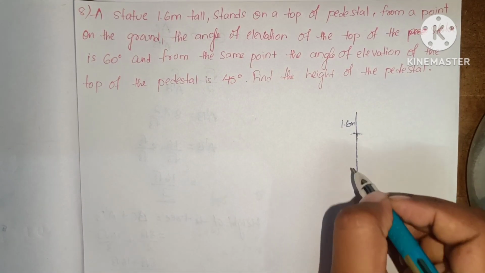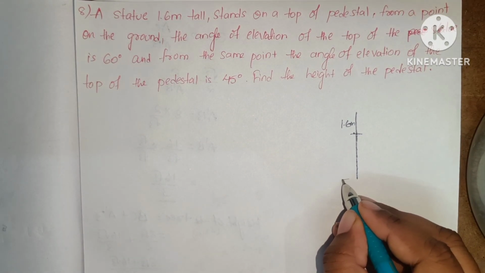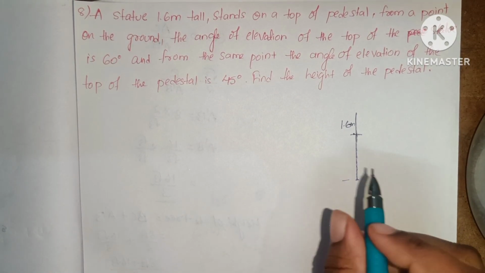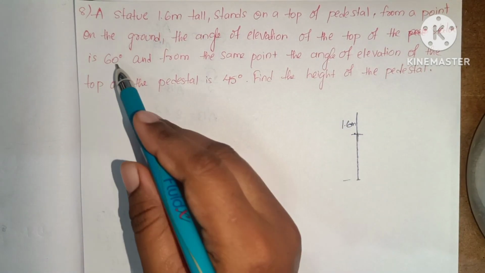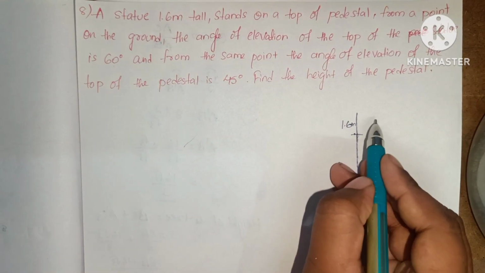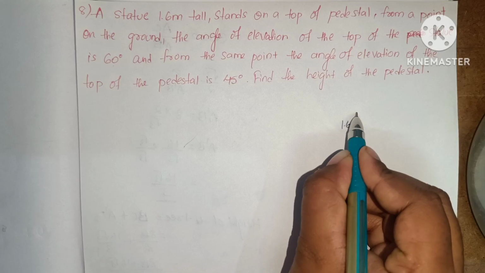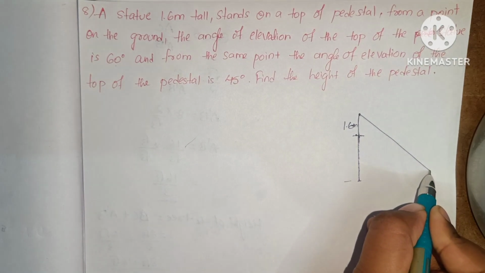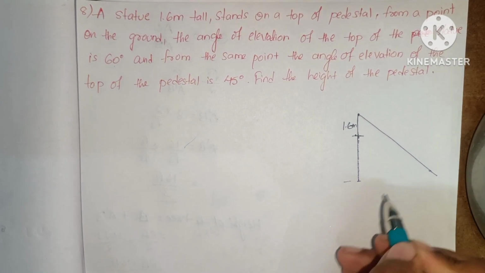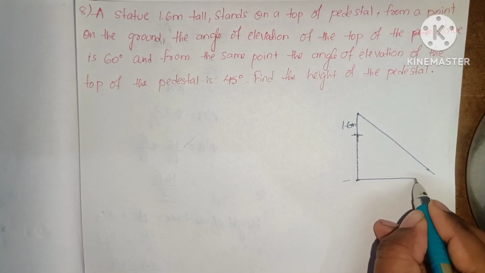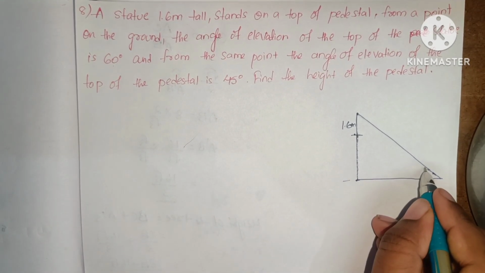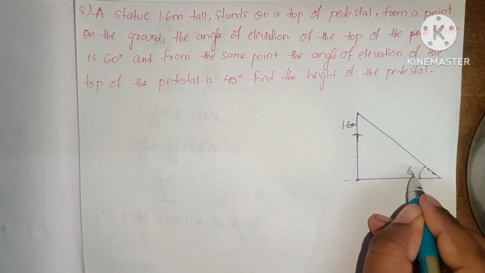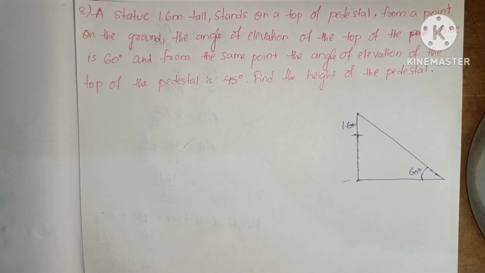This pedestal is on the ground. The angle of elevation of the top of the statue is 60 degree. This one is ground, I am connecting here. So this angle of elevation is nothing but 60 degree.